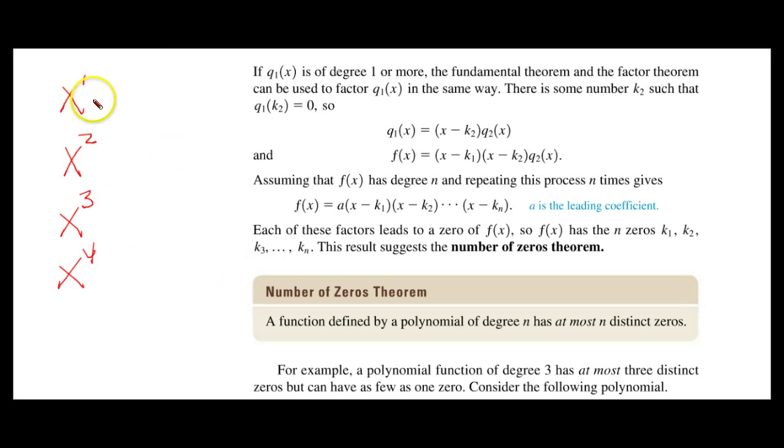And sometimes these answers are the same, so only write it once, but theoretically coming out of the system. And I guess this is what they're describing as the number of zeros theorem. So depending upon what degree your equation is, you will have that number of distinct zeros. All right, let's go on.